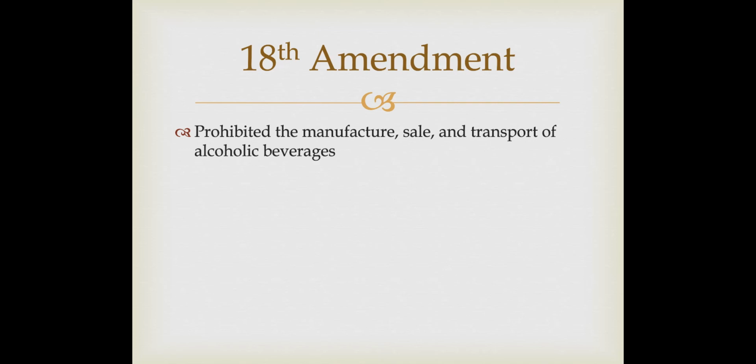It's not going to accomplish what they want to accomplish. And we're going to have 14 years where alcohol is illegal in this country. And when we talk about prohibition, we'll talk about the social impacts the ban of alcohol has on society.